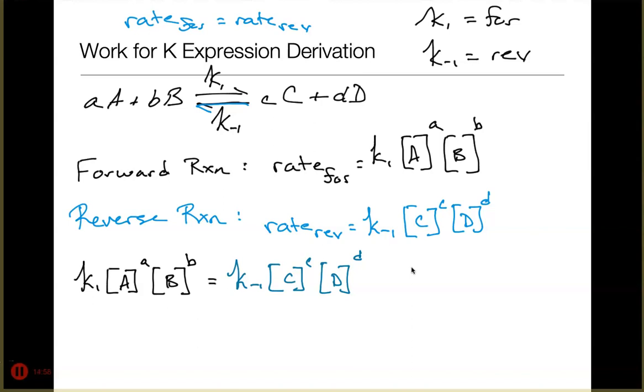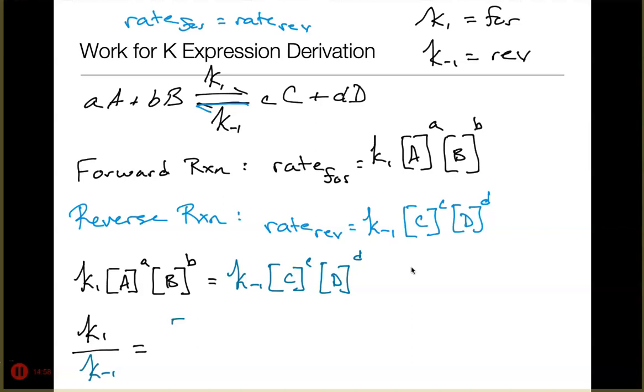What I want to do now is get all of my K's to the left-hand side and all of my concentrations to the right-hand side. So let me do that. That means I'm going to bring all the K's to one side, so this is my K1 with my K minus 1. I said I would keep them with correct color. So you can see all I did was bring the K1 over to the other side.